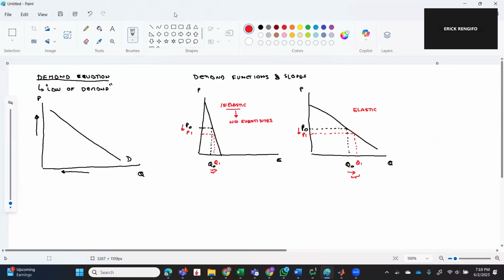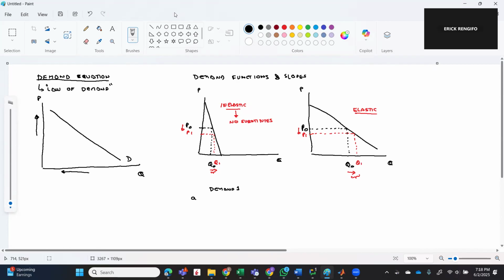Make sense to everyone? So what I want from you is to be able to create this type of functions. What I will do is give you three points, and I want you to build the demand functions. Okay? So if you understand this one here, I want you to do the following. Let's assume that we're going to have three demand functions. So demand one, you're going to model this in MATLAB.